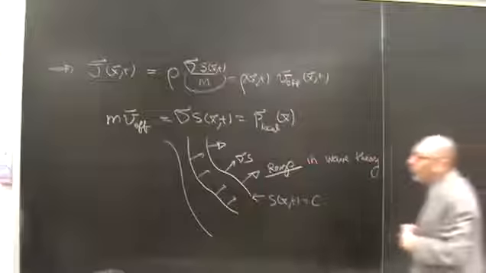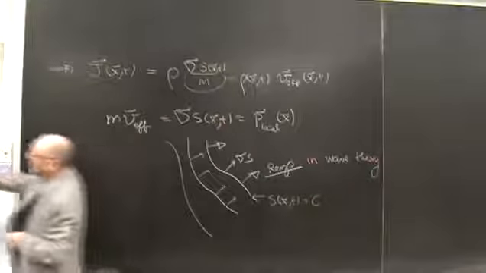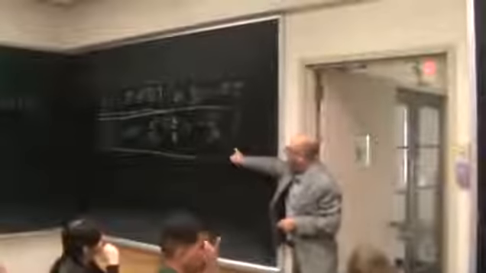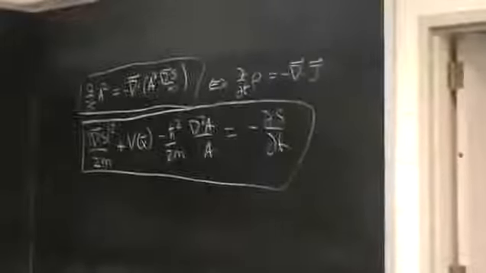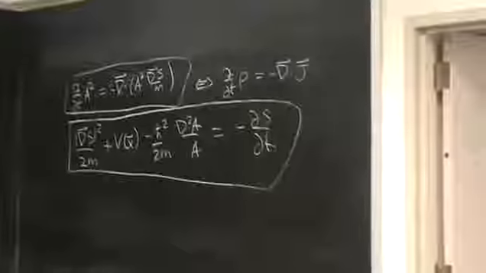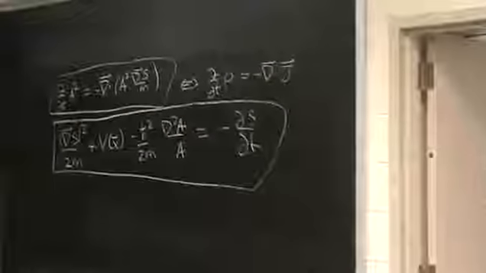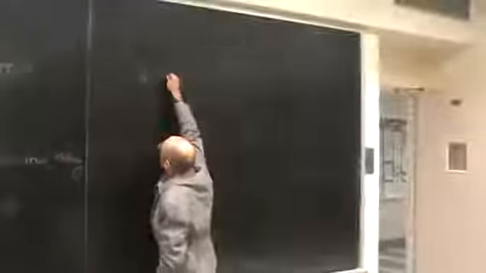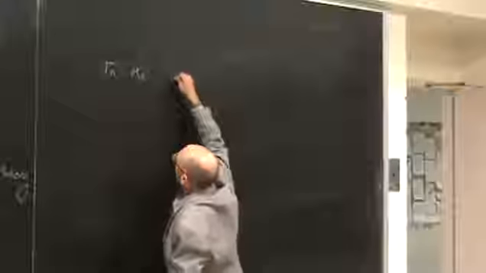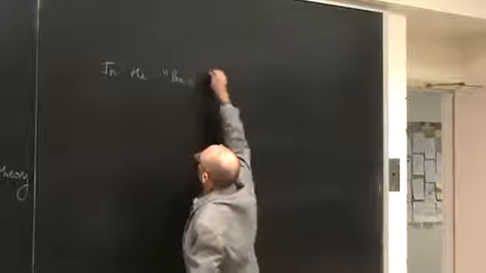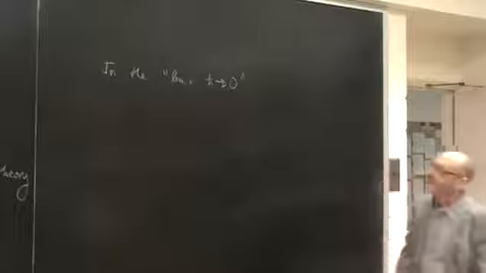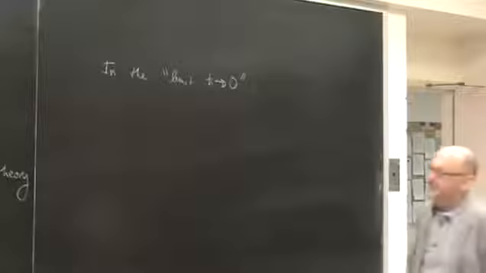Okay, well, moreover, now let's look at this equation, which tells us how those wavefronts change with time. I'll call this the limit where h bar goes to 0. Let's consider that first.